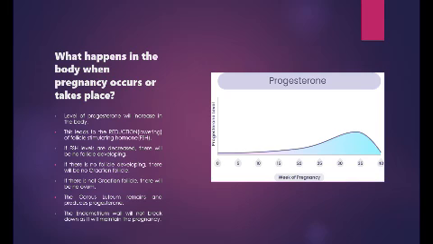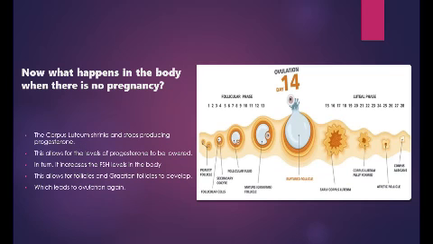Now, if you look at the next slide, you can see what happens in the body when there's no pregnancy. First of all, as we discussed, the corpus luteum is now going to shrink. It's gone forever, because it's what produces progesterone, and if there's no pregnancy to maintain, there's no use for it in the body.